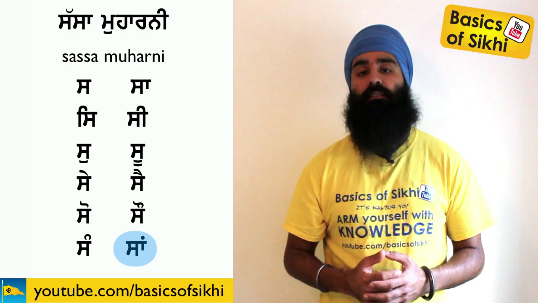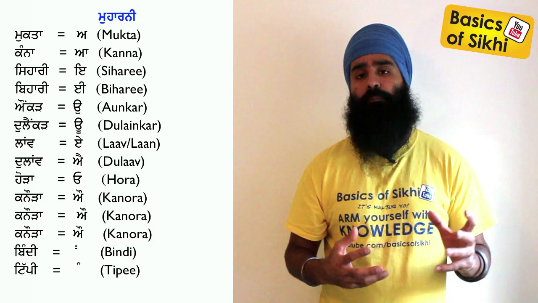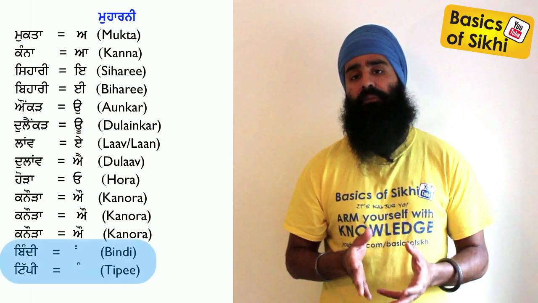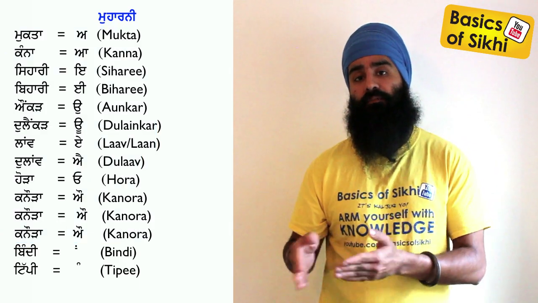As you can see it's nasalized. This is the Mahogany. It's a combination of the bits of the Lag Akhar and bits of the Lagaan. All of it combines into the Mahogany. We're going to practice that in the next videos.